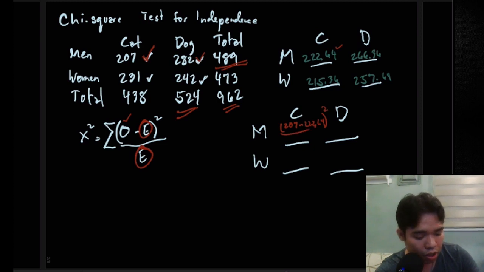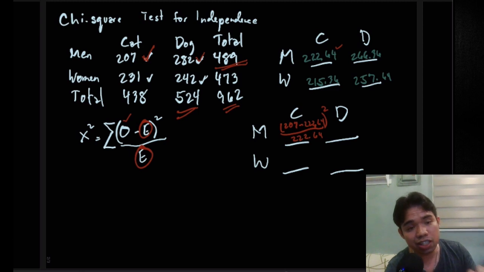There's no negative answer because it's squared, divided by expected. So we copy the expected, 222.64. You will do the same for the rest of the cells. Again, square of observed minus expected divided by expected.